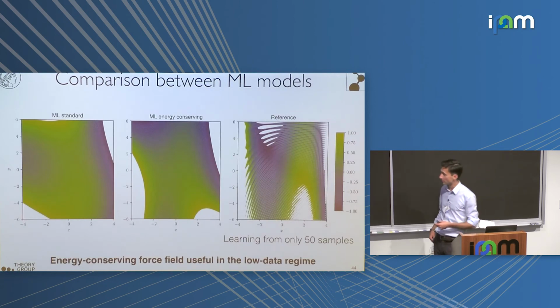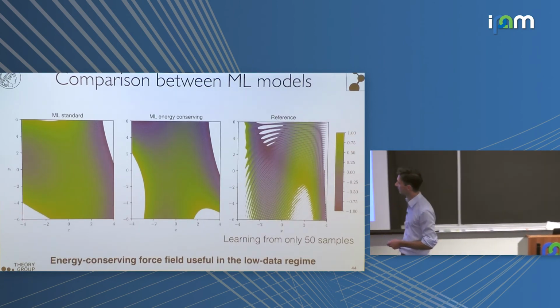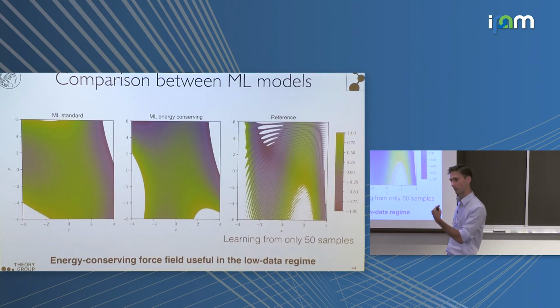But in the end, if you compare the models, again in the low data regime, this is independent components, and that's the energy conserving force field. And you can see that while the ringing effect is gone, of course, because it's totally smooth, the features between the light and the dark regions are a little better described there.